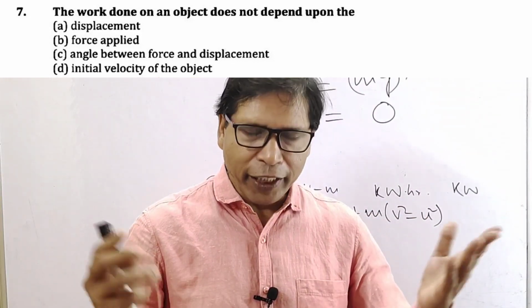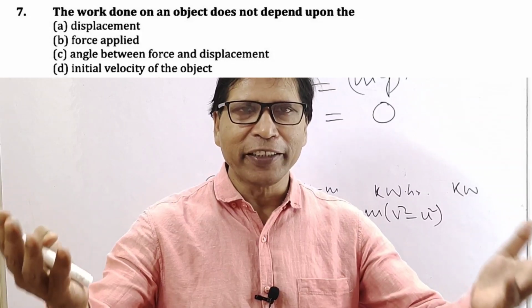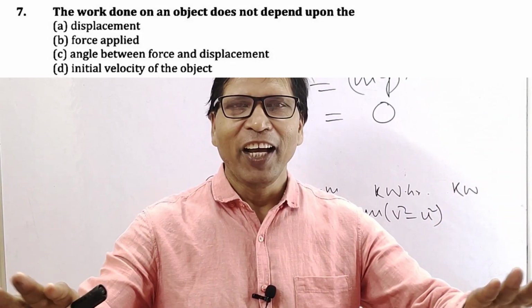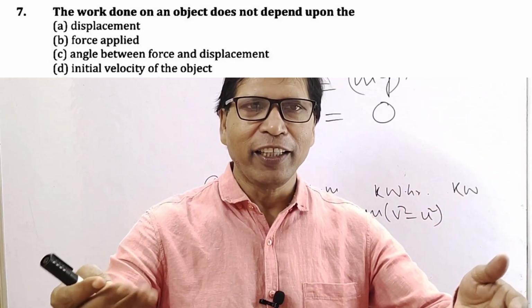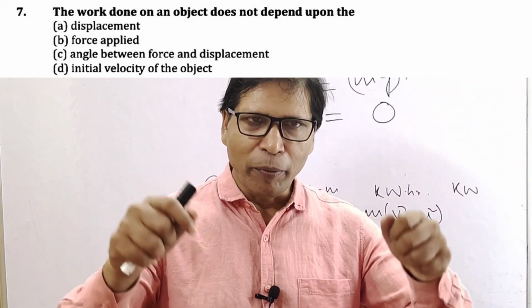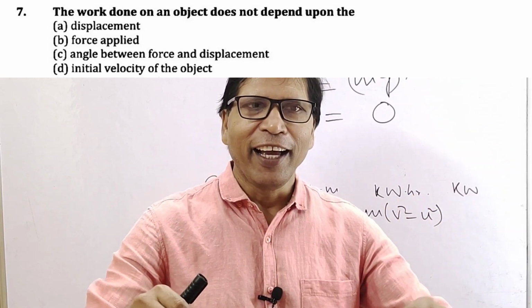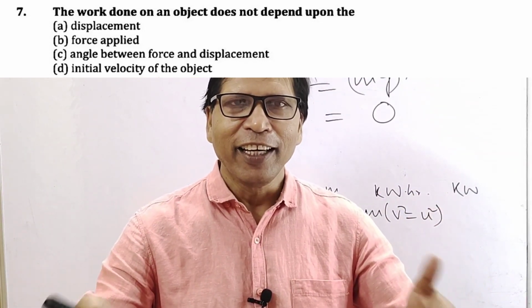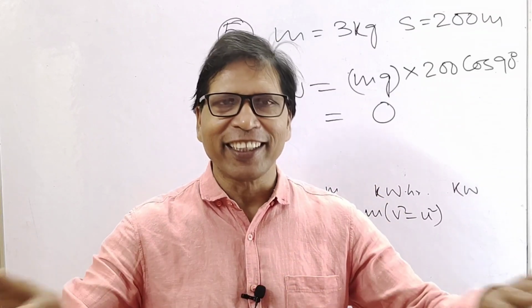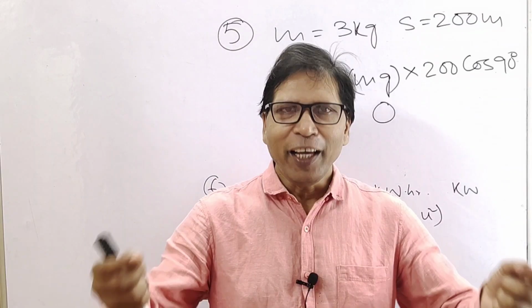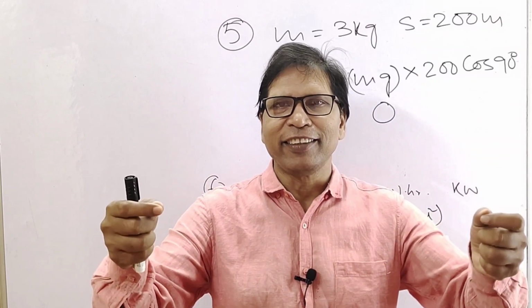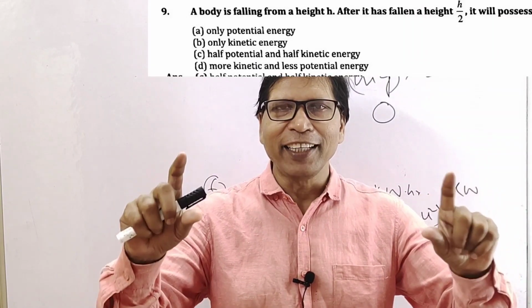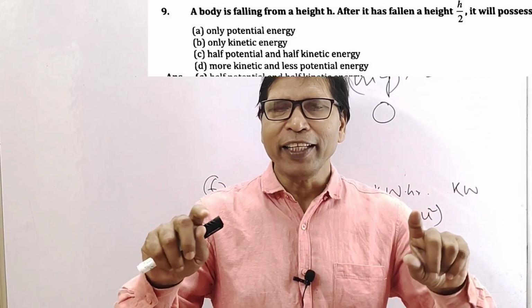Okay. Now next question. The energy possessed by the water in a dam is potential energy. When this water falls, the potential energy is converted into kinetic energy. And in a hydroelectric station, this kinetic energy is converted into electrical energy. Okay. A body falls from a height h. Now what types of energy does it have after falling the height h by 2? Look at this.